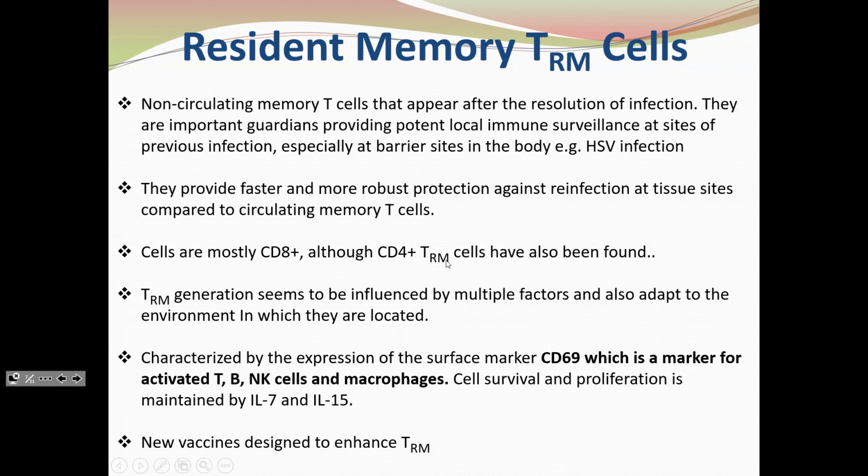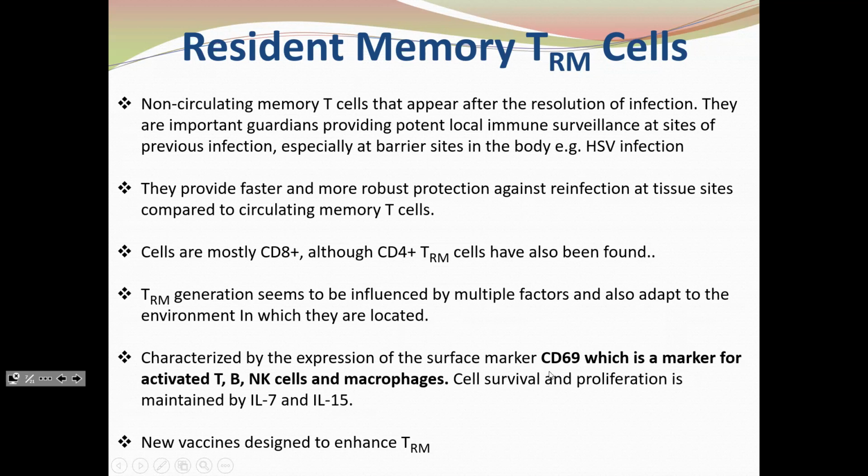They are characterized by the surface marker CD69, and CD69 is an important surface marker for all activated immune cells, not just these resident memory T cells, but T cells, B cells, and natural killer cells. So it's an important biomarker for seeing activated immune cells.